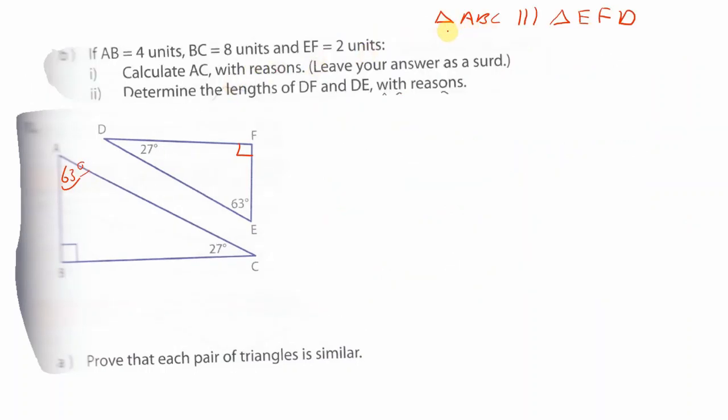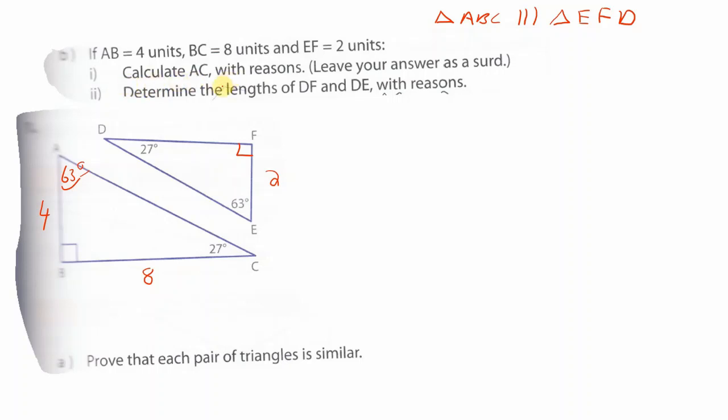Now that we have proven that triangle ABC is similar to triangle EFD, we focus on number B. If AB equals 4 units, BC equals 8 units, and EF equals 2 units.